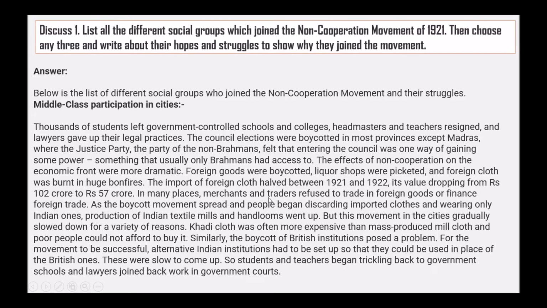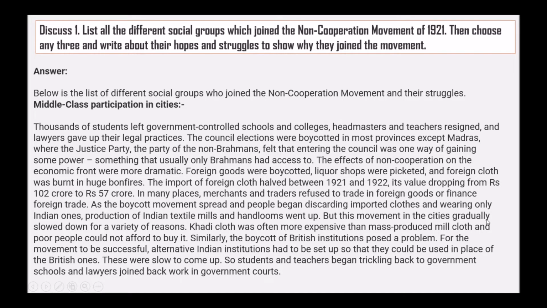In many places, merchants and traders refused to trade in foreign goods or finance foreign trade. As the boycott movement spread and people began discarding imported clothes and wearing only Indian ones, production of Indian textile mills and handlooms went up.